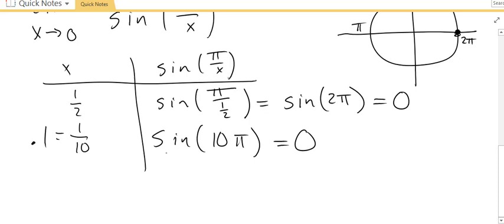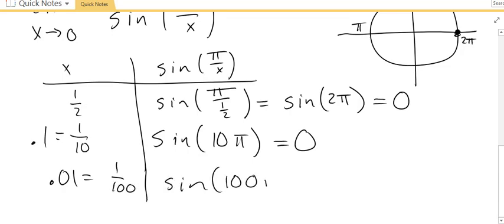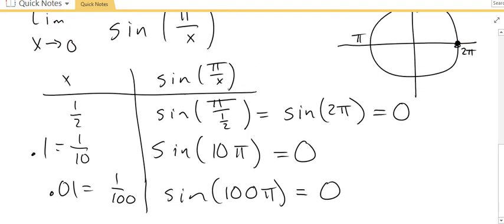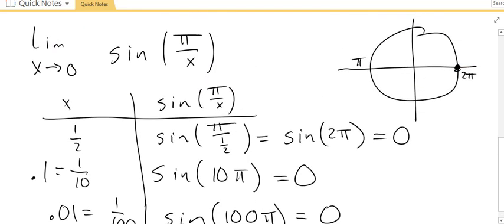And as we keep going, 0.01, that's the same thing as 1/100th. So we get sine of 100 pi, and again, this is going to be equal to 0. And we would guess, based on this information, as we did before, that this limit is going to equal 0.